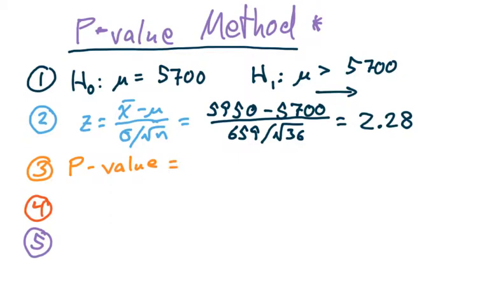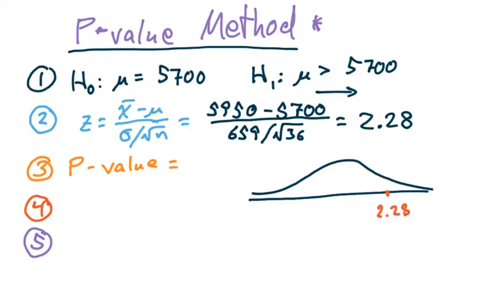What is the connection between the traditional method and the p-value method? Here it is. Here is our Z value, 2.28. That's our test statistic. And the p-value, we'll look it up, but it is essentially the area underneath the curve going in the opposite direction away from the mean.